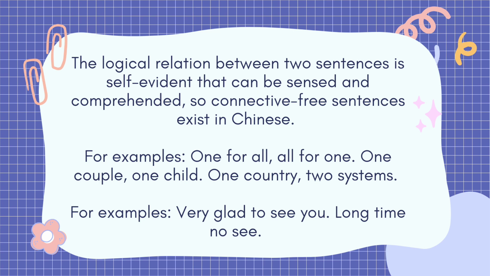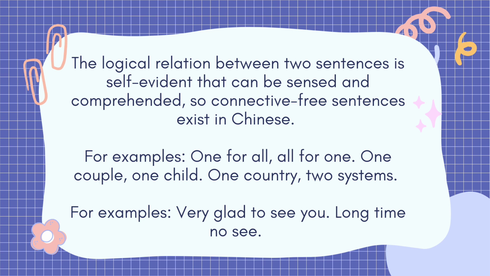For example, one for all, all for one. One couple, one child. One country, two systems. Instead of being stated, the relations between ideas are suggested and implied in China English, where explicit connectives are not necessary.